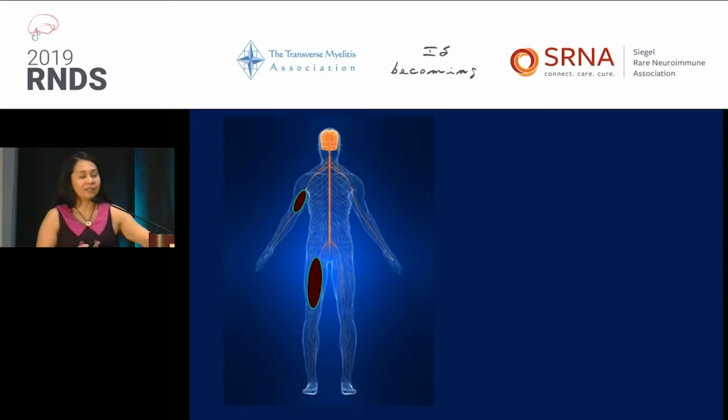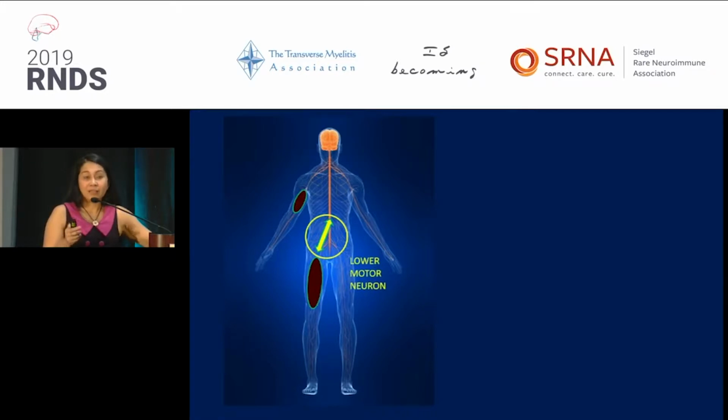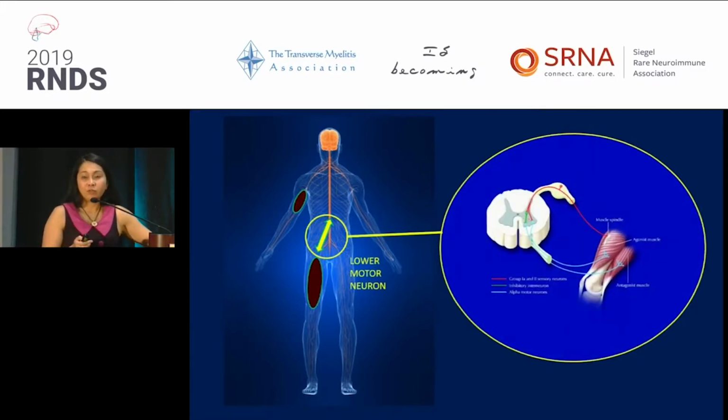Your spinal cord can communicate to your muscles. Now, this communication between the spinal cord and your muscles, that's your lower motor neuron. To expand that, and some of you who have Googled this might find this a familiar picture, in that lower motor neuron is where your reflexes travel. That's where they live, in between your peripheral muscles.